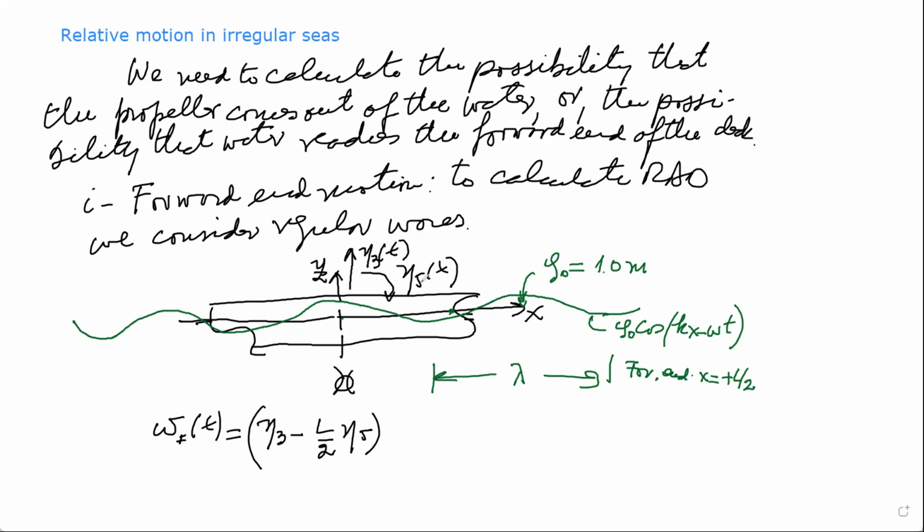So we take the difference with this wave elevation here, so it's going to be minus Z0 e to the i (kx minus omega t). Instead of x, I'm going to use the position, which in this case is also L over 2.